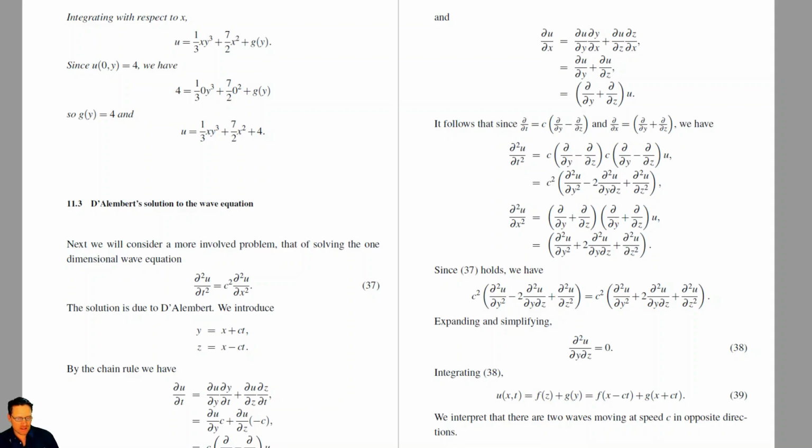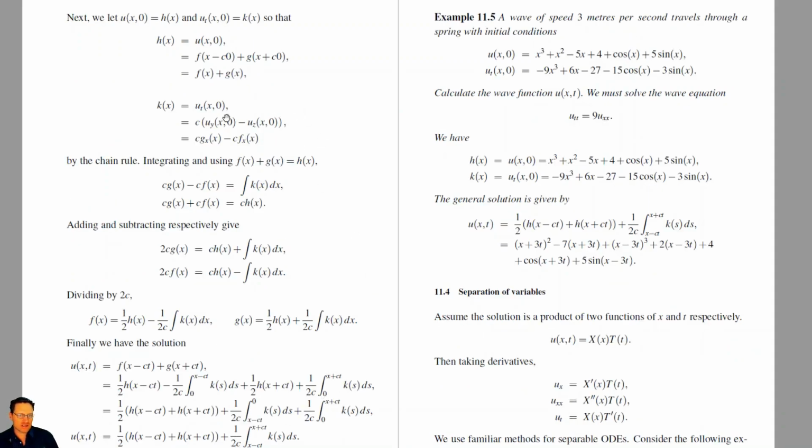So that's c times partial u on partial y minus partial u on partial z. Okay, so we take that form of u subscript t, and we sub in t is 0 into that.